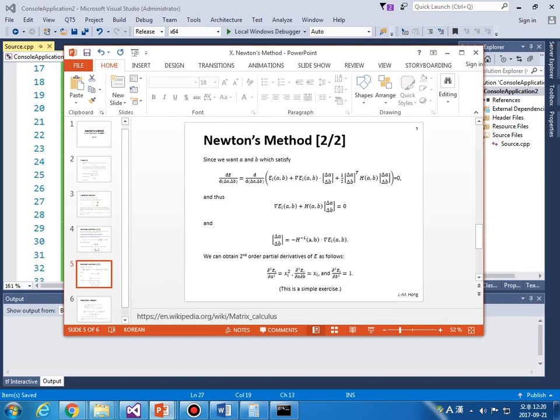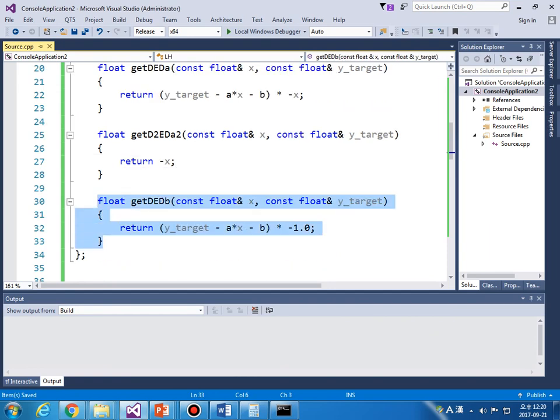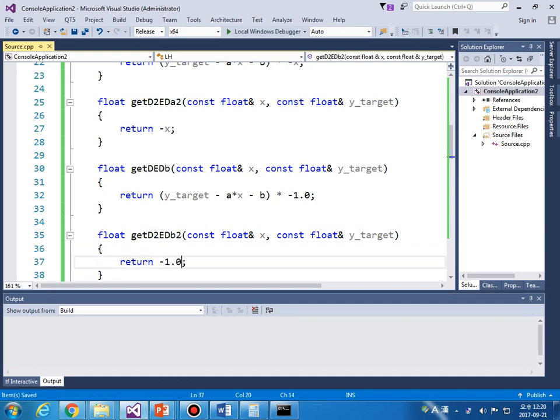Okay, so let's do it. I think it's correct. And we also need the two, and it's going to be minus 1. So actually the second order derivatives for squared error function is very simple with linear hypothesis.